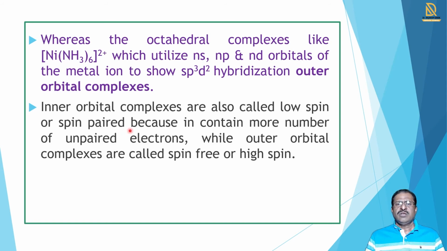That type of outer d orbital complex is called spin free, where the number of unpaired electrons is high, so that is also called high spin complexes. So remember again that inner orbital complexes are called low spin complexes or spin paired complexes, and outer orbital complexes are called spin free or high spin.